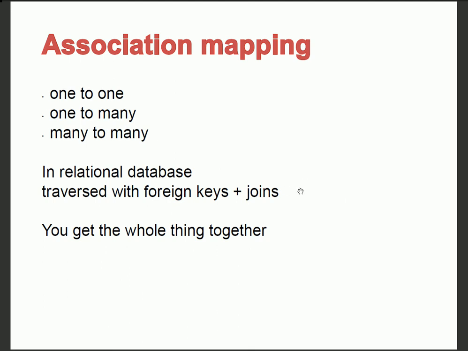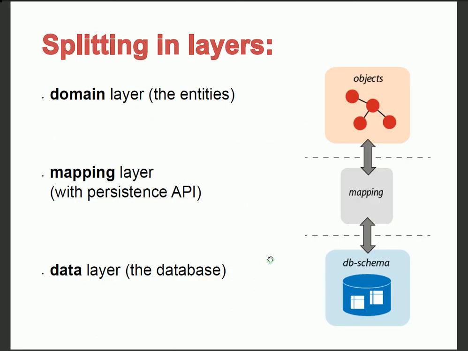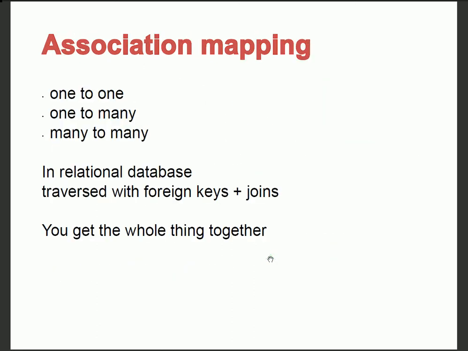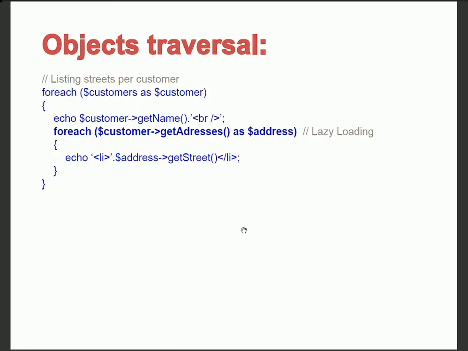If you, for instance, would query customers and all their addresses, they are joined together, and you get the whole thing back. If you would do this with objects, with an addresses field in a customer object, you could say get the addresses of this customer.